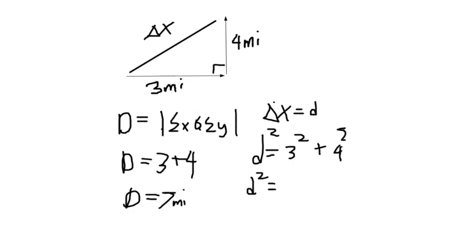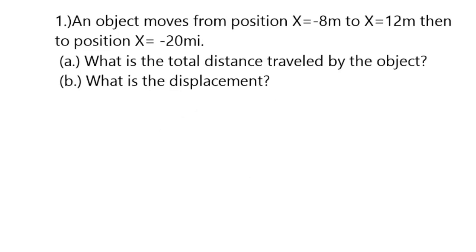So d squared is equal to 3 squared plus 4 squared. 3 squared is 9, 4 squared is 16. d squared is equal to 9 plus 16, which is 25. Now what we're going to do is just take the square root of both sides, and we got 5. We got 5 miles as our unit. And that's it. Now let's move on to word problems.